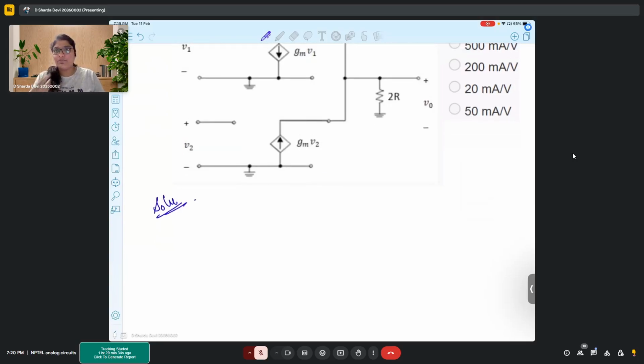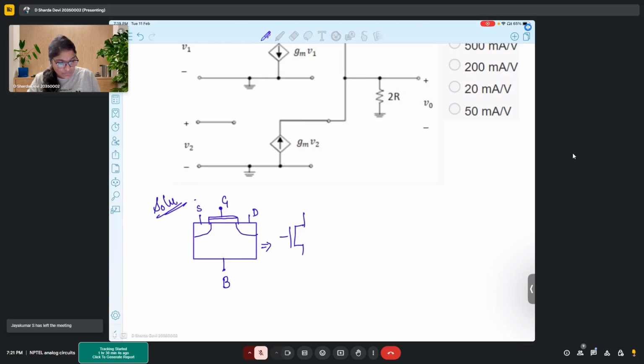To give a brief, this is how we all understand a MOSFET, or we know that this is the symbol that we use for our MOSFETs, correct?